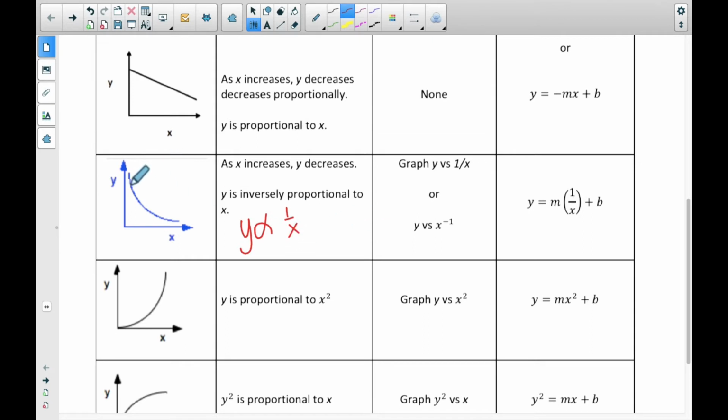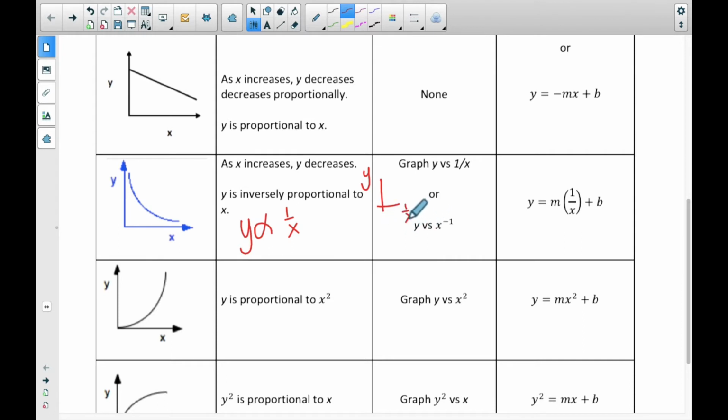Now, like I said a minute ago, that is not something that is easy for us visually to see how they are related. But what we can do is change our graph. And instead of graphing y compared to 1 over x, we could change it. This would still be our y, and over here we make this 1 over x.